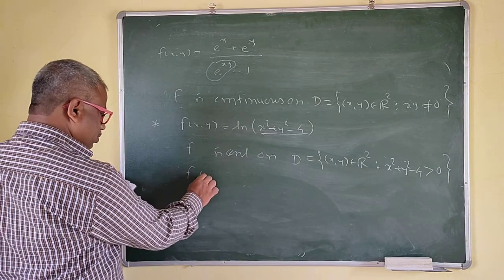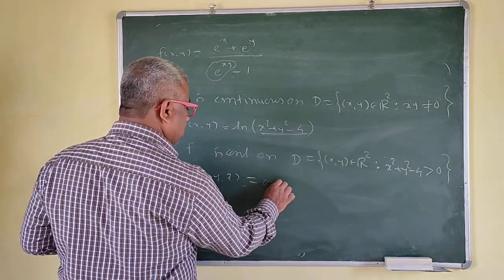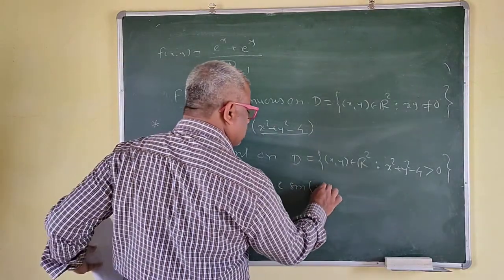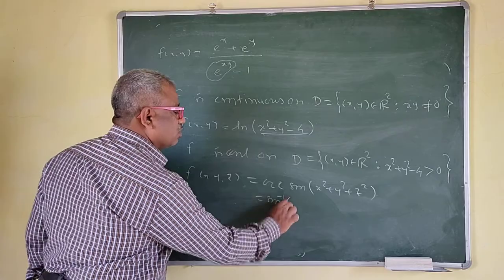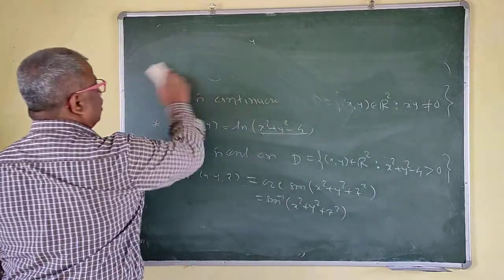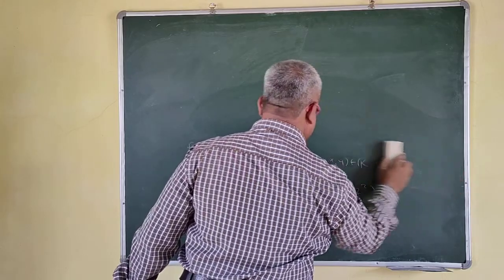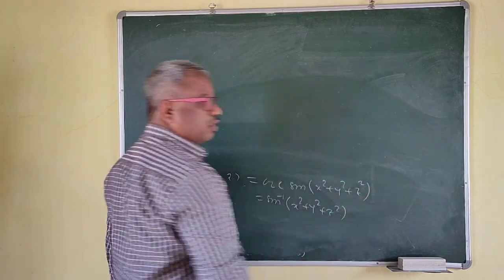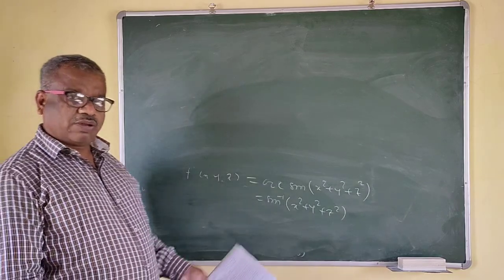f(x, y, z) = arcsin(x² + y² + z²). Arc sine means sine inverse of x² + y² + z². Now what is the domain of the sine inverse? You know that the sine function is a bounded function, and the value of sin θ always lies between −1 and 1, with −1 and 1 also included.